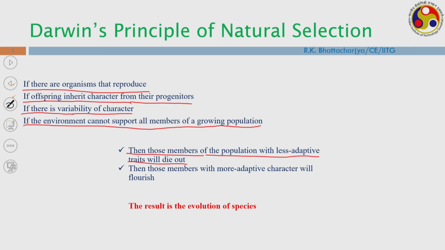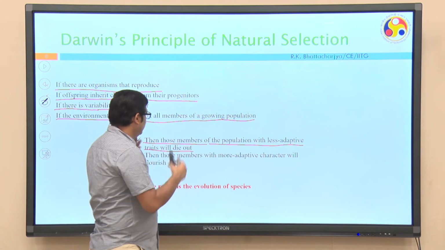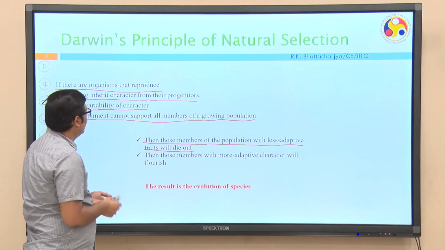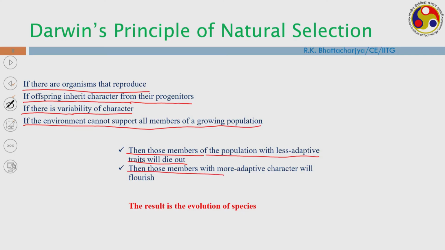So, what I am saying is that when you are not adapting to the changed environment, then they will die out. Okay. Then those members with more adaptive characters will flourish.